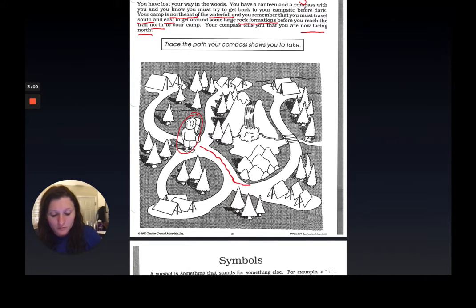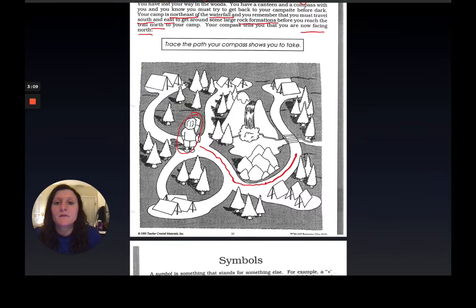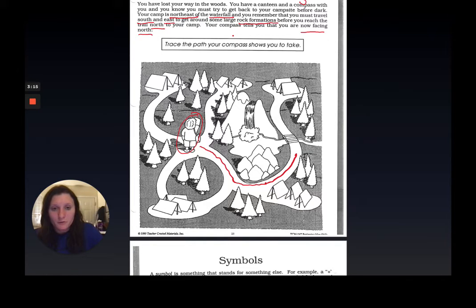So when we go around the rocks, remember north is going up. So we want to keep going. And then again it had told us that our compass told us we were facing north, but we know that where we are right now, there's only one way to get to our camp. And that's to keep going north. And so this is the route we would need to take in order to get back to our camp.